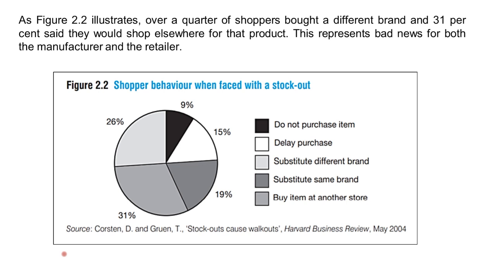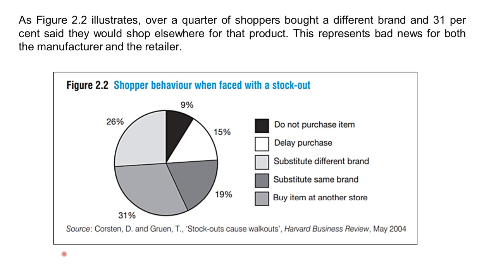So, sinasabi dito that ano daw ba yung behavior ng mga shopper, ng mga mamimili or tayo as a customer kapag nakakaharap tayo or pag na-experience natin yung stock out or yung out of stock items. So, as you can see in the first level, yung dark gray or almost black, 9% do not purchase item.